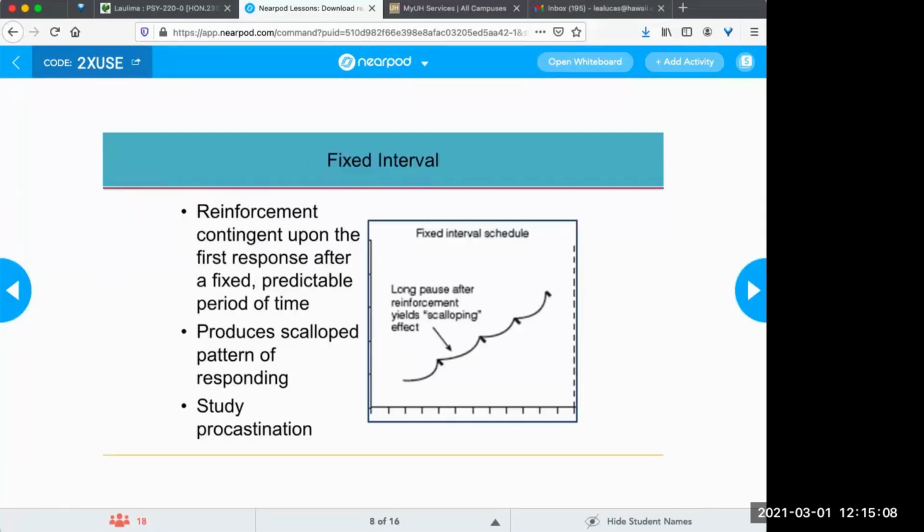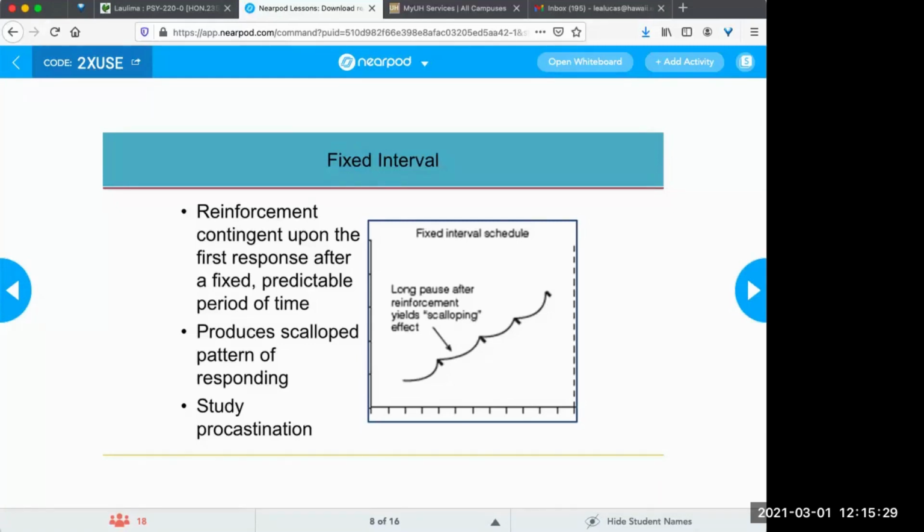Okay. Now we have fixed interval. So now we're going back to the fixed, stable, solid interval, responding, rewarding, and it's based upon time. Now, your reward is based upon a fixed and predictable period of time.